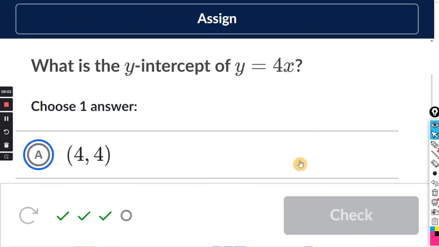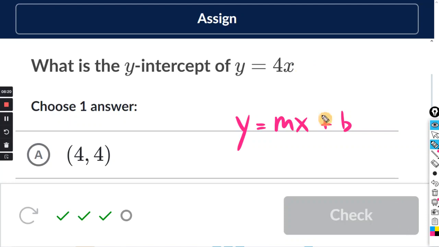What is the y-intercept of y equals 4x? This is in the form of y equals mx plus b. You might be saying, I don't see the plus b on the end of this equation. That's fine, because there's something very simple you can do here. Adding 0 to any number doesn't change the number. So we can write 4x plus 0.